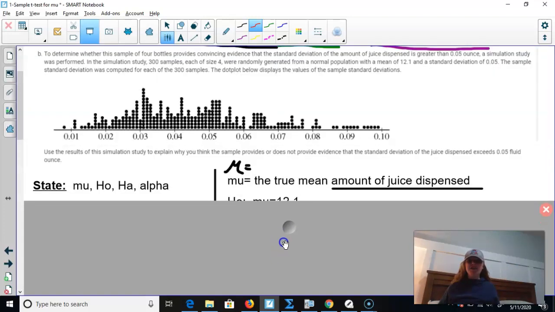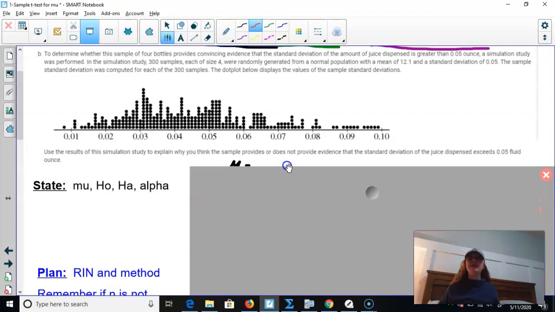In the state, just a friendly reminder, what do I need? I need a mu, a null hypothesis, and an alternative hypothesis, as well as an alpha, a significance level. If you read through this again, they do not give this to us, so we assume that the significance level is 0.05. Our mu is describing the population.